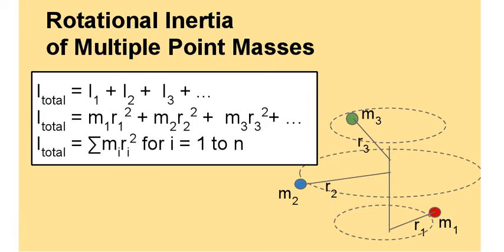If I have more than one object that's rotating, multiple point masses, you can see in the picture that I've got that axis of rotation. Maybe I've taken a dowel, a stick, and stuck it in a motor, and I've tied a string with a rock, and another string with a rock, and another string with a rock.